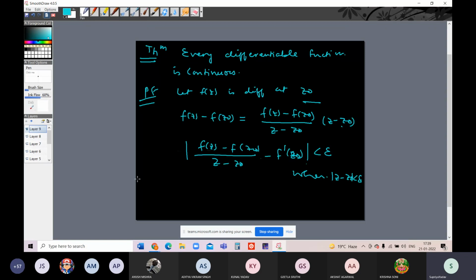So we can write with the help of this, f z is equal to f z minus f z naught over z minus z naught, into z minus z naught, plus f z naught. We can write in this manner.